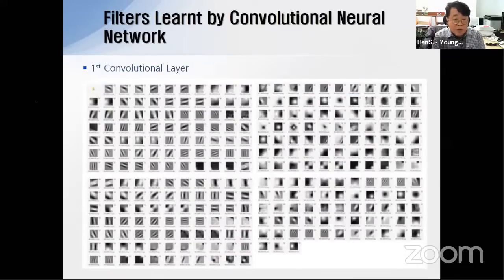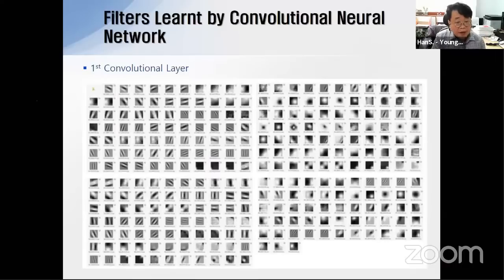So you can see the first layer of a convolutional neural network. Actually, the convolutional neural networks consist of some filters and other operations. That is the trained filters, I mean the masks, in the convolutional layer. You can see my presentations.